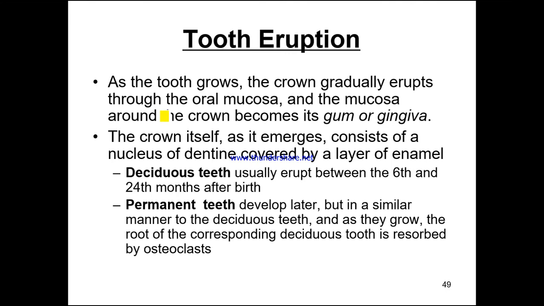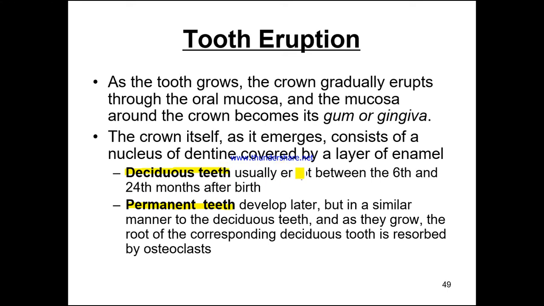As the tooth grows, the crown gradually erupts through the oral mucosa, and the mucosa around the crown becomes its gum or gingiva. The crown itself, as it emerges, consists of a nucleus of dentine covered by a layer of enamel. We have something called deciduous teeth and permanent teeth, which we'll discuss later on in the course.